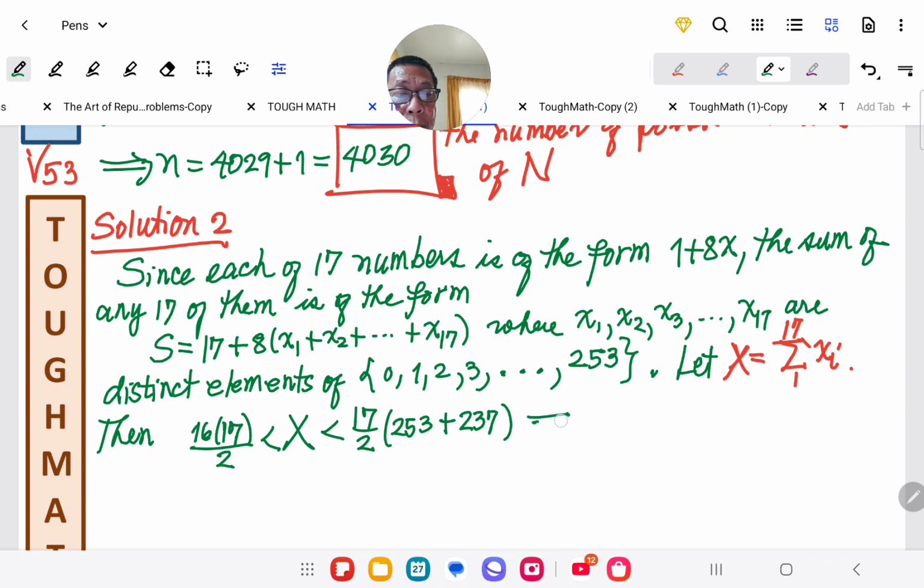Which is the same as X is between 136 and 4,165.